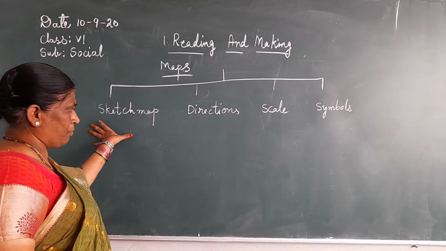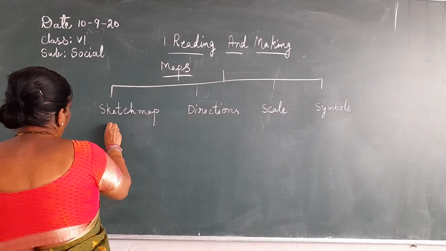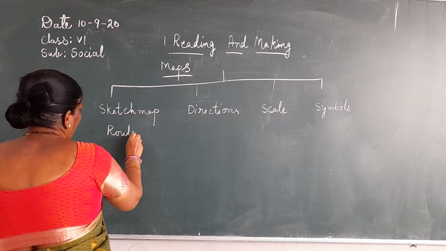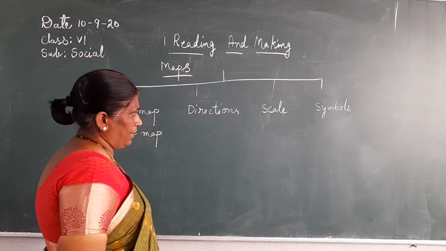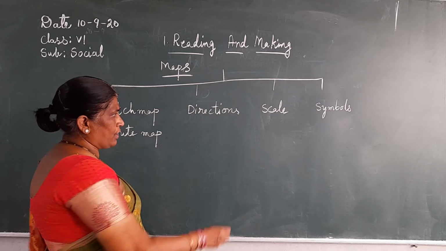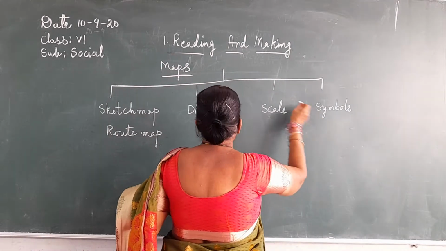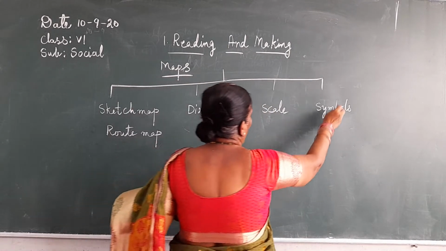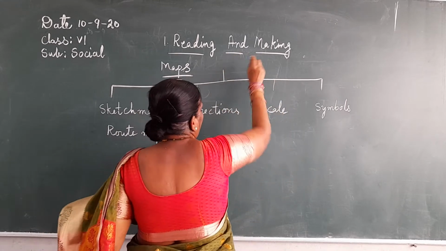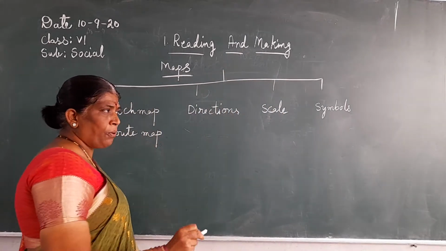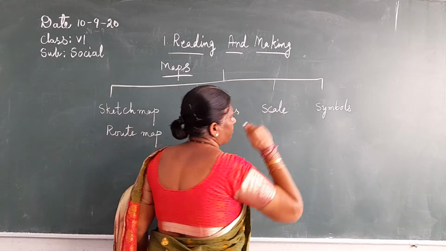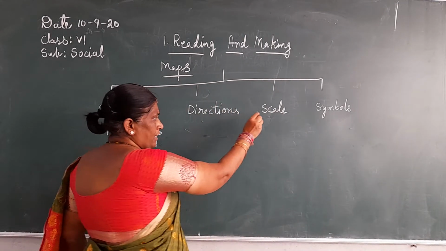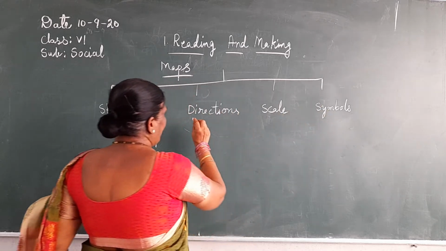One is sketch map. It is also called a route map. And next are directions, scale, symbols. But these 3 are very important to read and to make the map: directions, scale and symbols.